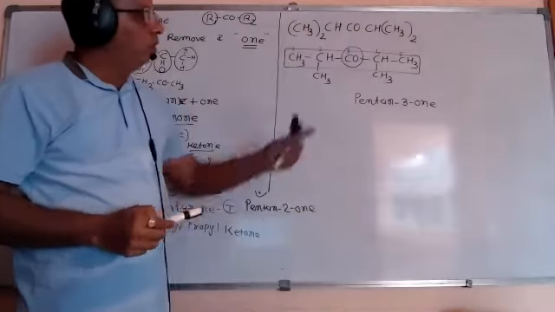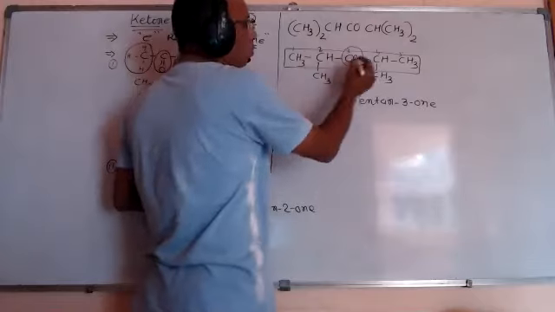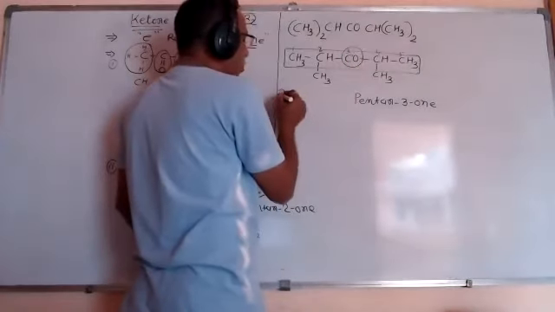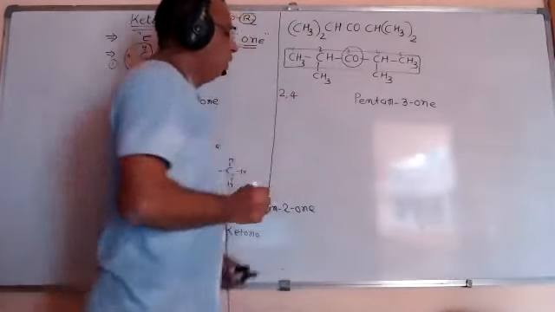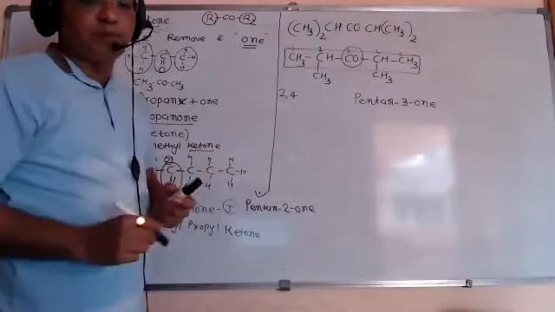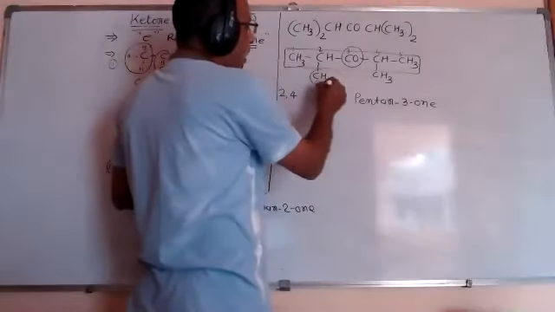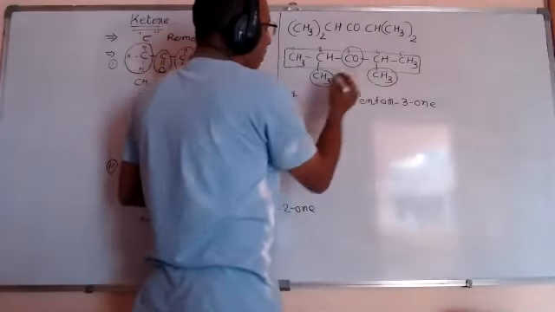Now, what about these 2 branches? This branch is on number 2 and this branch is on number 4. So we should write 2 and 4. This is the number of the carbon on which the branches are present. How many times? 2 times. And both times it is the same? Yes, both times it is methyl.